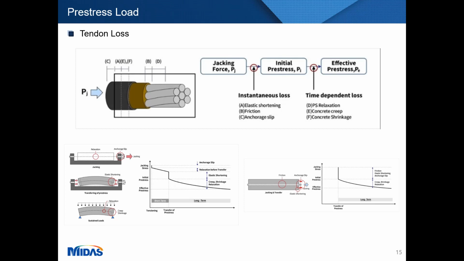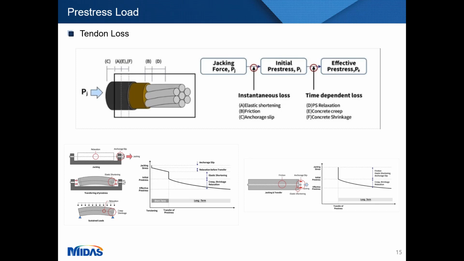We can go for post-tensioning, or we can go for pre-tensioning. Based on the type of pre-stressing, we can define the losses basically in two categories. One can be categorized as instantaneous loss, and the other one can be time dependent loss. So when we apply the jacking force, we will have instantaneous loss.